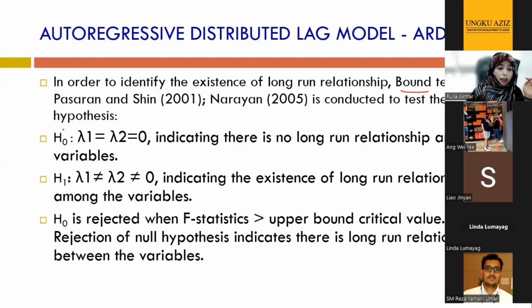You see that H0 is the null hypothesis, meaning no. Here lambda 1 equals lambda 2 equals 0, meaning that there is no cointegration or no long run relationship between the variables. And the alternative is not equal to 0, meaning that a long run relationship exists.